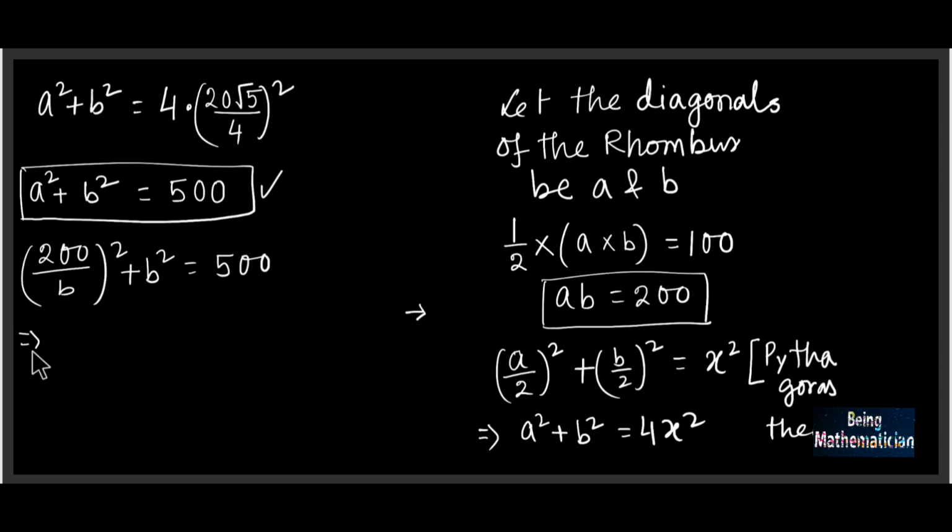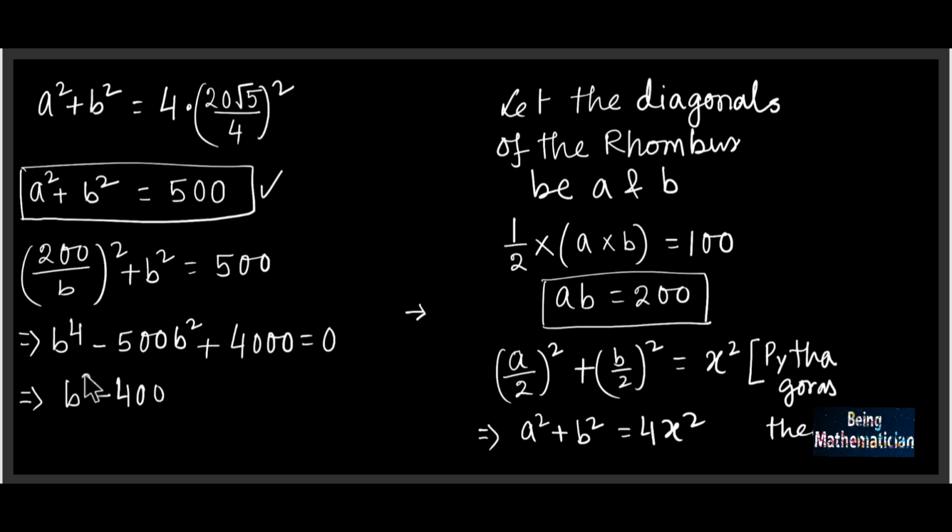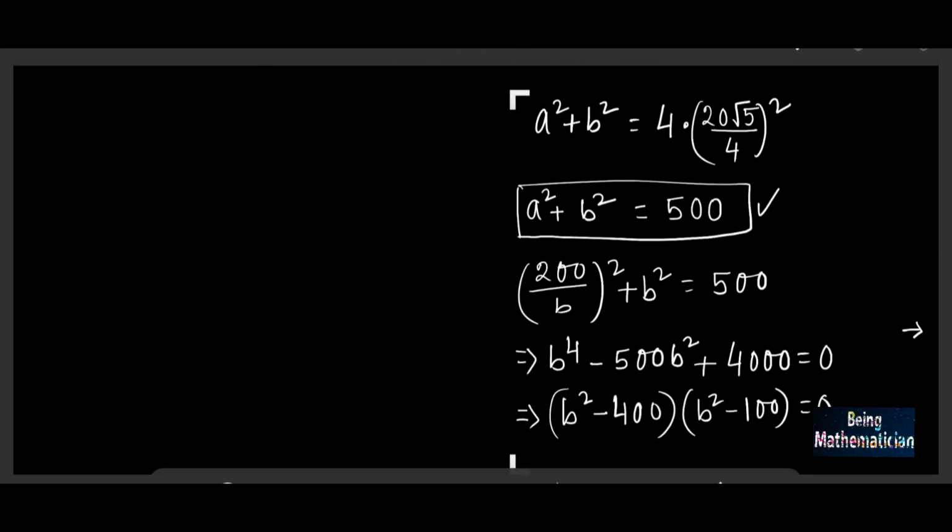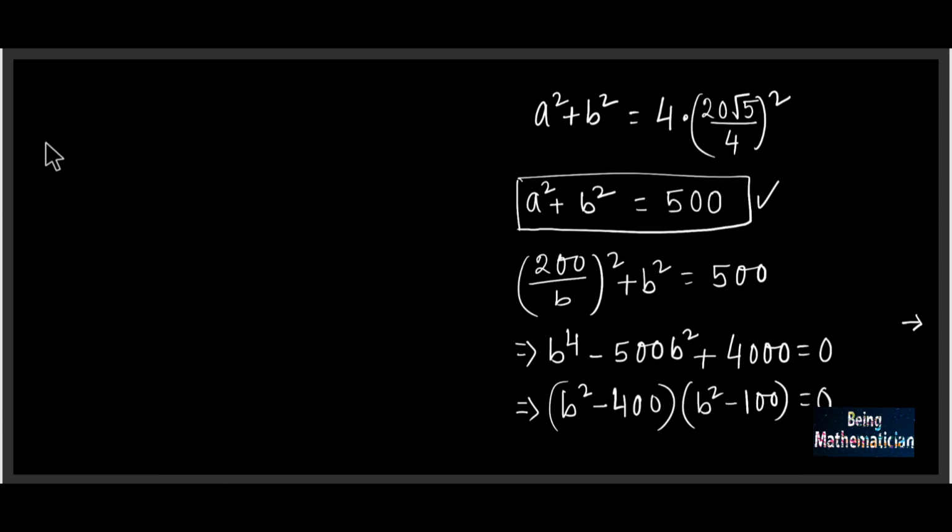So it simplifies as B to the power 4 minus 500 B square plus 40000 equal to 0. Now it is factorized as (B square minus 400) into (B square minus 100) equal to 0. Now B is either 20 or 10.